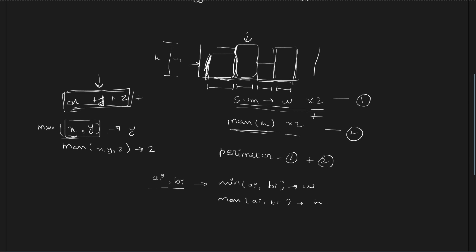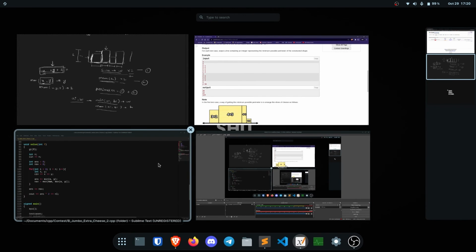So if I'm trying to calculate the perimeter, I would take the summation of all these widths, and I will take the maximum value of all these heights, and then according to the perimeter formula I'll calculate my answer, right? So let us have a look at the code now.